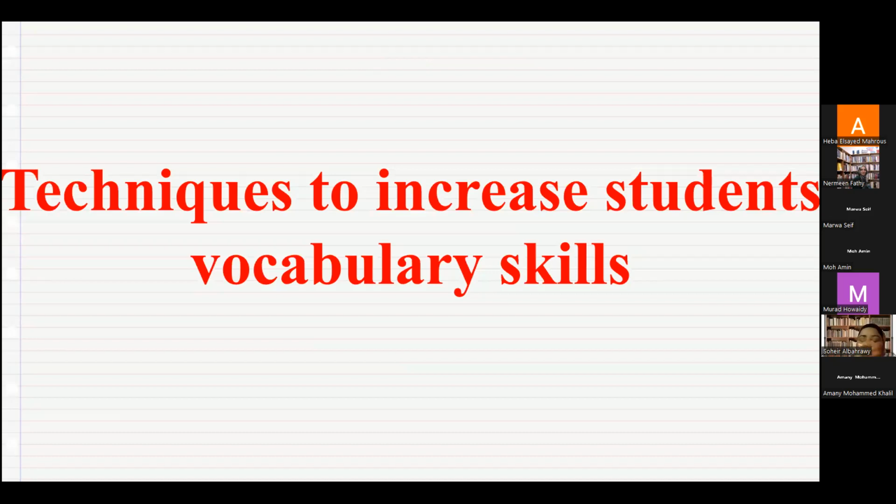So the focus of the question is the techniques to increase student vocabulary skills. Activities that they can do alone to help them to memorize new words, or to help them to increase their vocabulary skills. Yes. Songs and discussions. Help them to be autonomous learners.